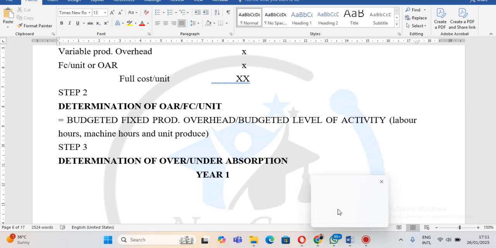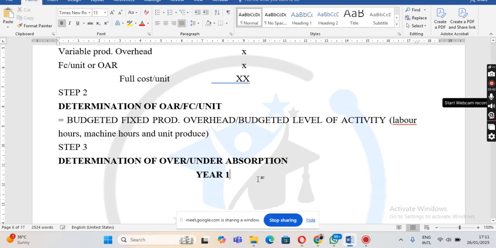Now, we talk about overhead absorbed and actual cost. Let's say actual fixed production overhead. Please, anything you do for year one or for January, do the same thing for February. You need to test it because you have both over and under absorption.